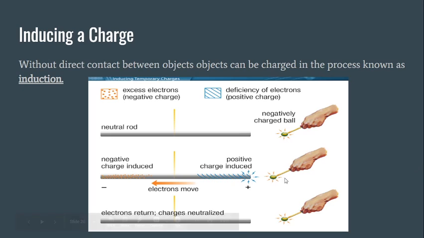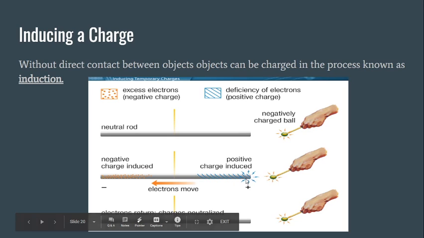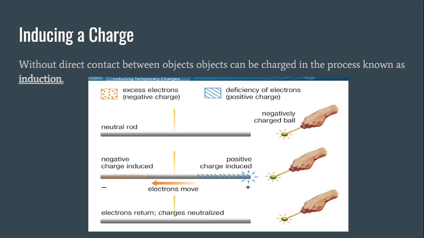Before it even gets to the rod in this case, it will actually induce a positive charge that is attracted to the negative charge of the ball that the guy is holding, because we've learned opposites attract, and so the positive is actually drawn toward the negative ball here. Now, at the same time, we also get another thing going on, which is like charges repel.